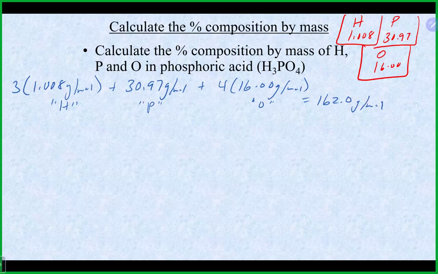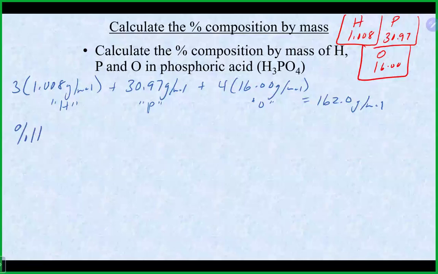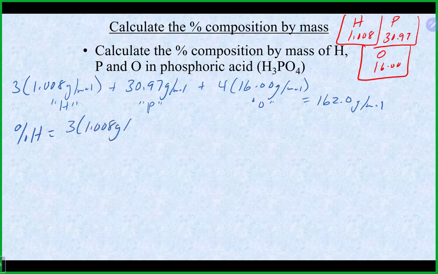Now we can look at each of the elements individually. For our percent hydrogen, we take 3 times 1.008, which gives us the mass of the 3 hydrogens present, divided by the molar mass of the compound, times 100%.